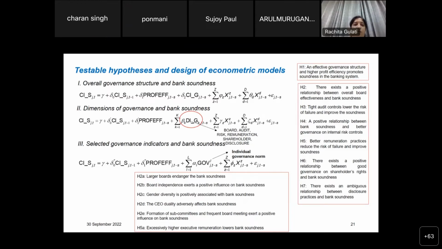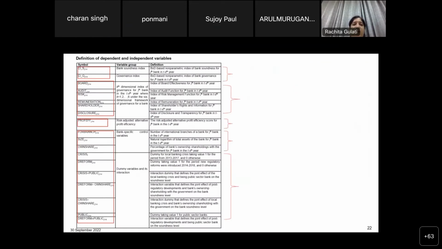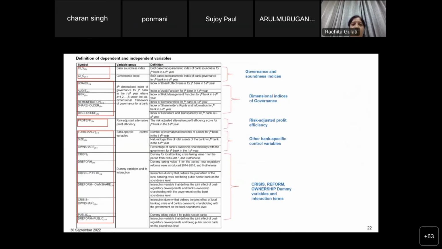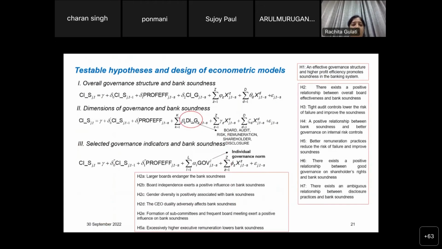While explaining the results, these are the indicators and the overall dimensions and the list of dependent and independent variables used for the analysis. So the overall bank soundness index is linked to the governance index in the first specification, along with the set of the bank specific and control variables and the dummies.